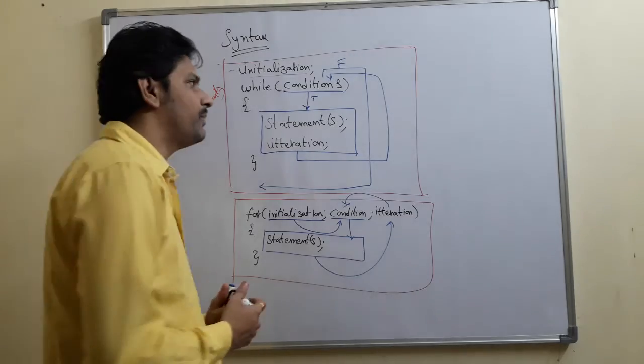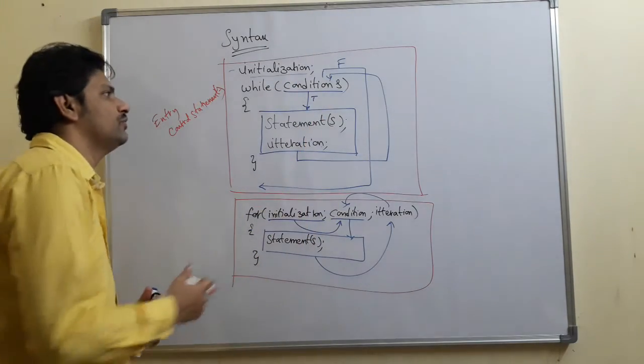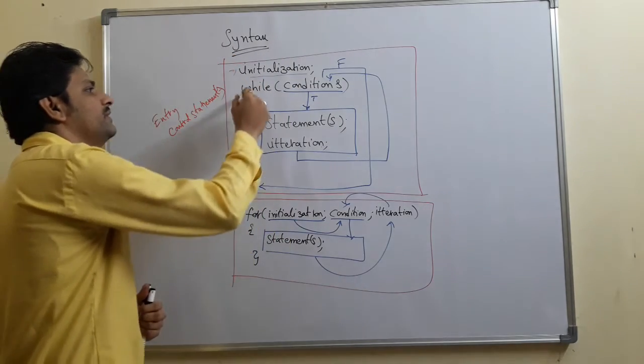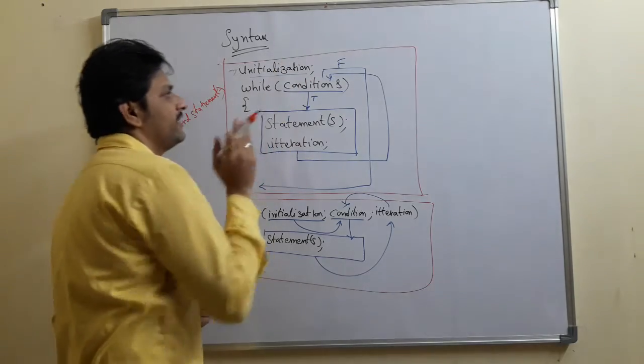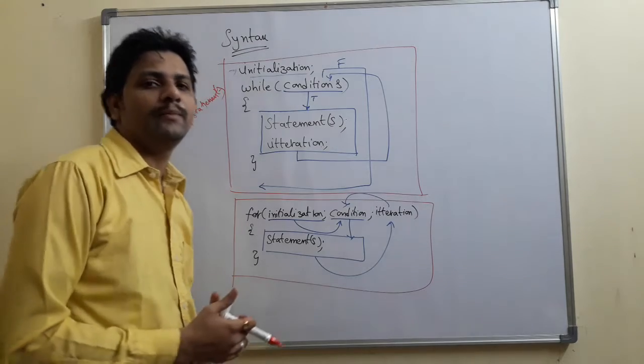But in the while loop, the initialization is outside of the while loop, then the while condition is there and the iteration is at the end of the while loop. Like this, they are in different places.